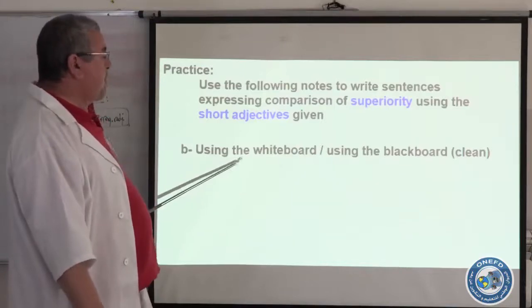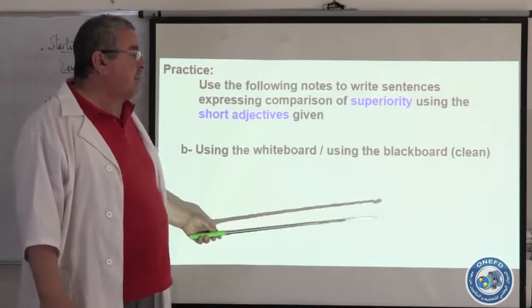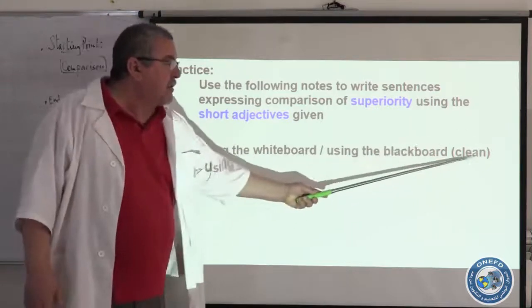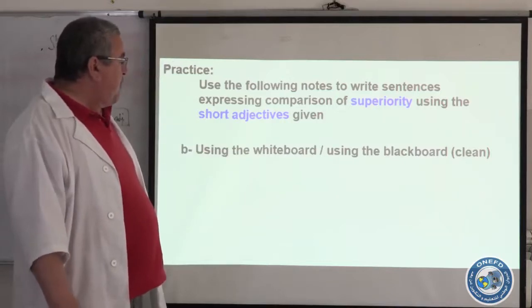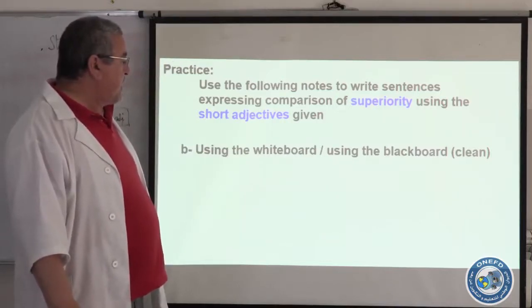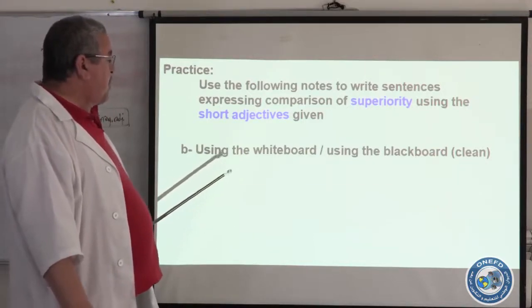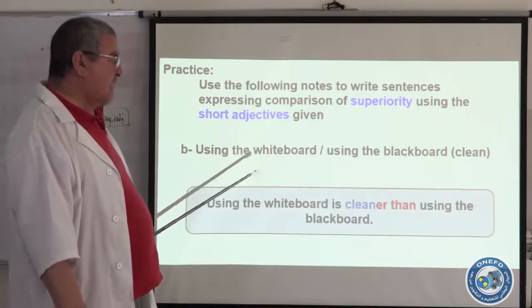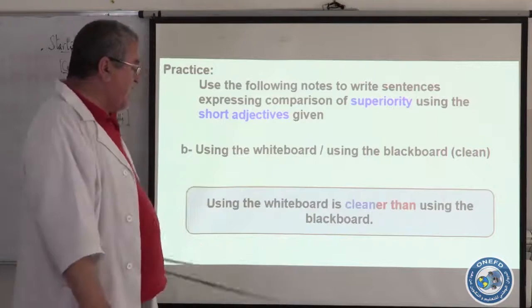B. Using the whiteboard, using the blackboard. We are talking about cleanliness. Which one is clean and which one is less clean? So, using the whiteboard is of course cleaner than using the blackboard.